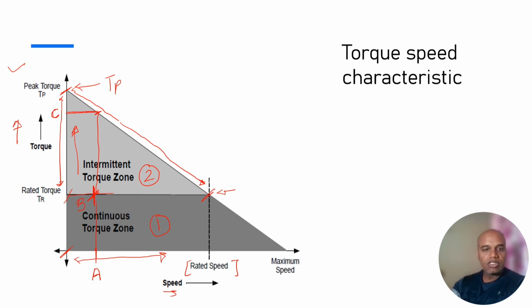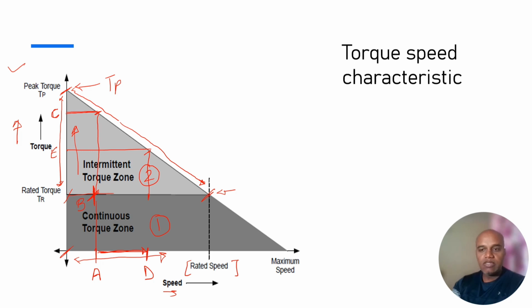As the BLDC motor is continuously running and we have increased the torque, and the acceleration has also increased, definitely the speed will increase. As we increase the speed and move away from point A, let's say the BLDC motor has reached point D. Now, at this moment, the maximum torque produced by the BLDC motor will be only this point, let's say E. However, due to the heating problem, the motor can only remain in this intermittent torque region for a very short period of time.